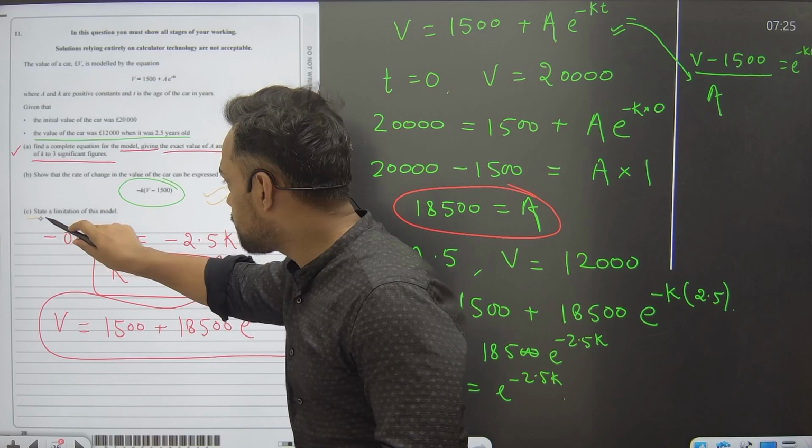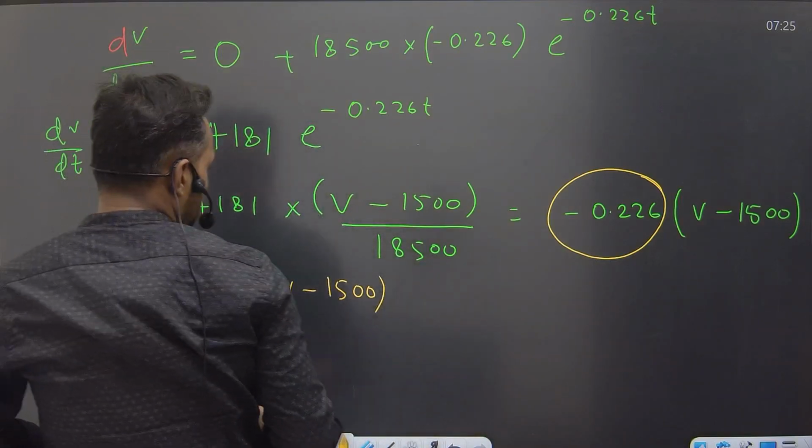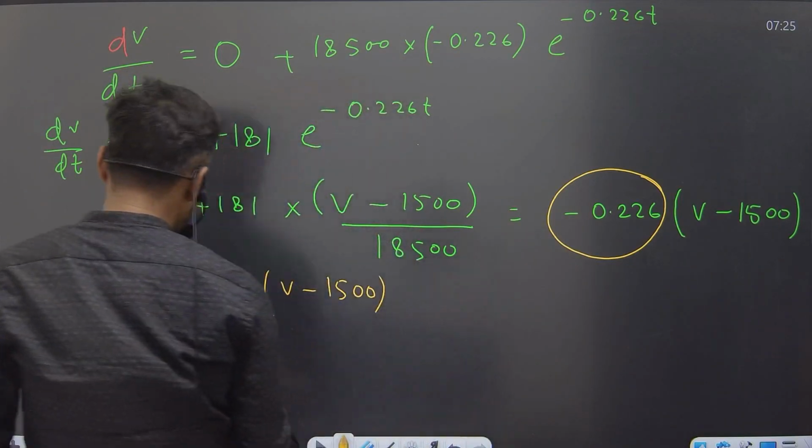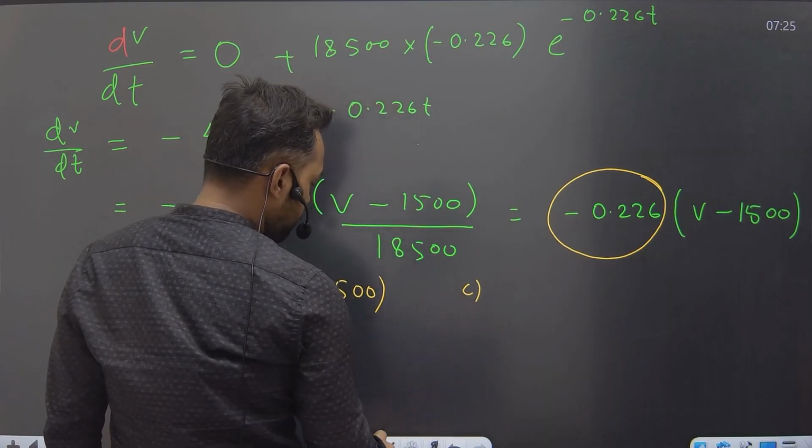The third statement of this question was to state a limitation of this model. The limitation, students, you just need to write here.